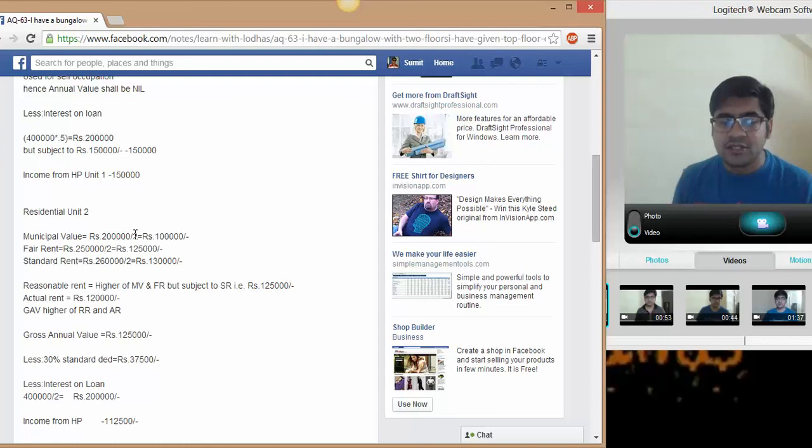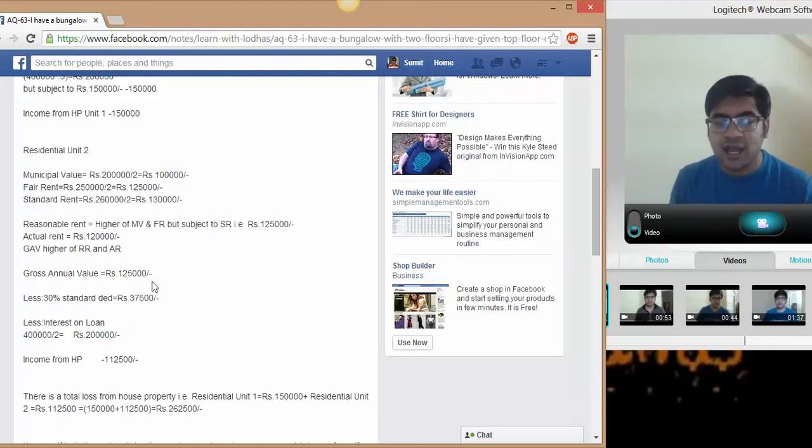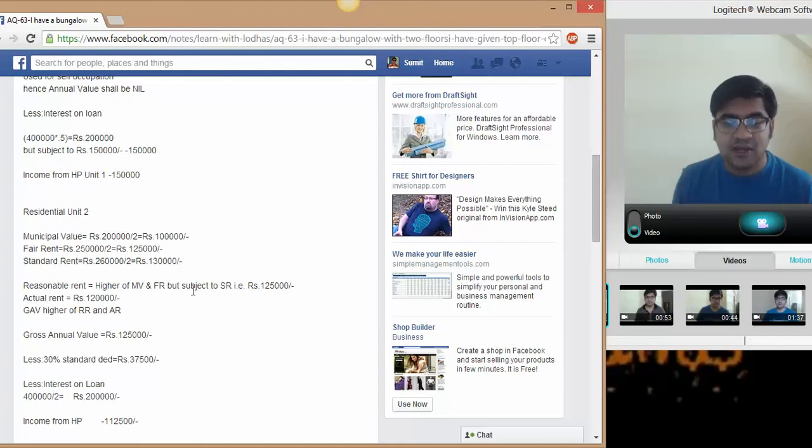Moving ahead to residential unit 2, where municipal valuation, fair rent and standard rent are all available. Since these figures are for the full bungalow, I have taken half of all of them: 1 lakh municipal valuation, fair rent 1,25,000 and standard rent 1,30,000. The higher of municipal valuation or fair rent is 1,25,000, limited to standard rent, which is higher, so 1,25,000 is the reasonably expected rent.